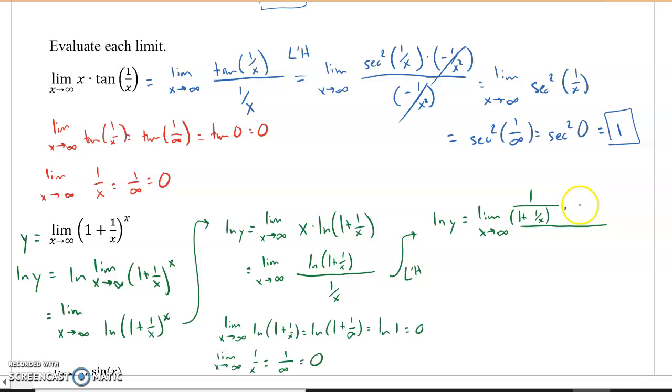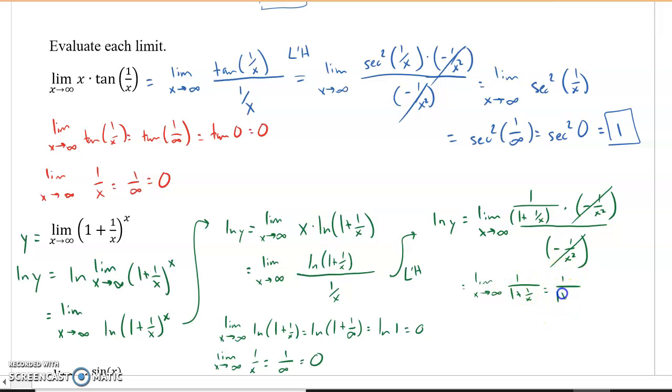And the 1 goes away, and we get the derivative of 1 over x, which is negative 1 over x squared. Lo and behold, the denominator differentiates to negative 1 over x squared. That's fancy. So that means that those are completely gone, and we get the limit as x approaches infinity of 1 over 1 plus 1 over x.